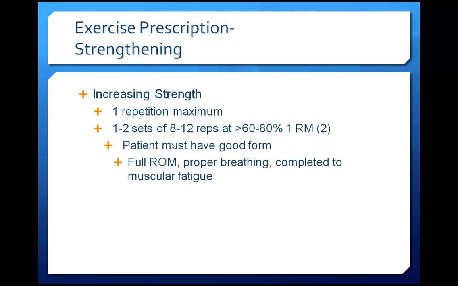Exercise prescription, if you look at the ACSM guidelines, it's measuring one repetition maximum. You can do 1 to 2 sets of 8 to 12 reps, at 60 to 80% of that 1 RM. The important part is patients must have good form, full range of motion, proper breathing, leading to muscular fatigue. That's what the guidelines say.